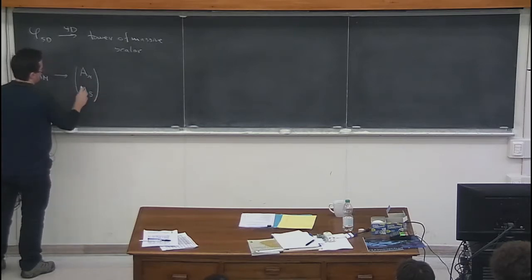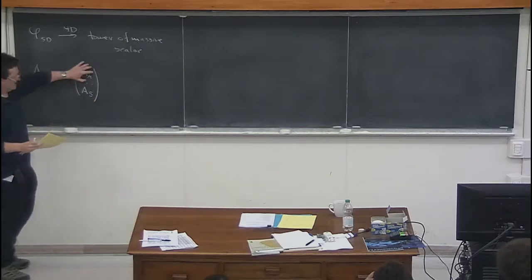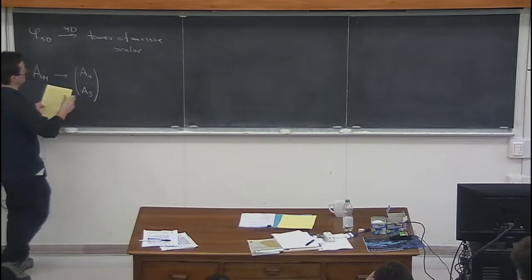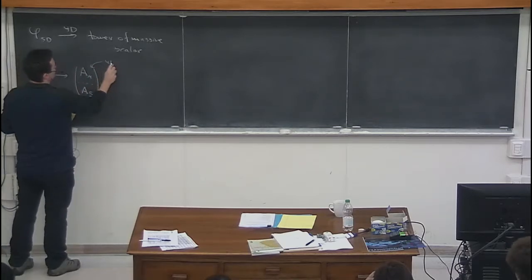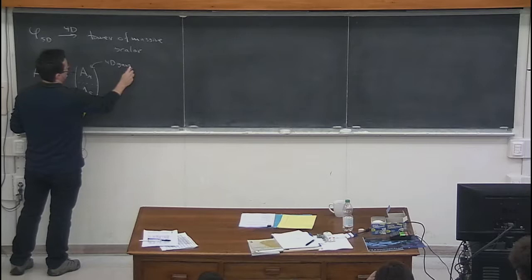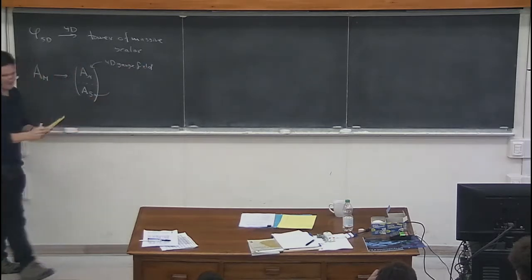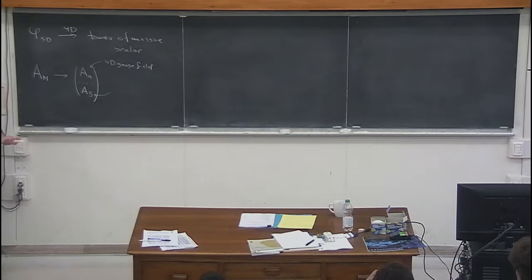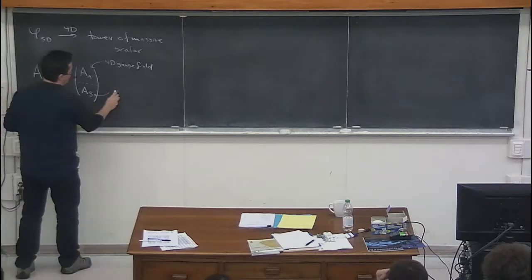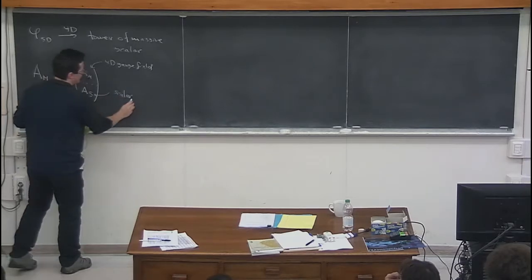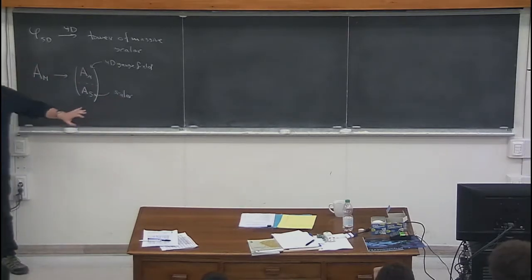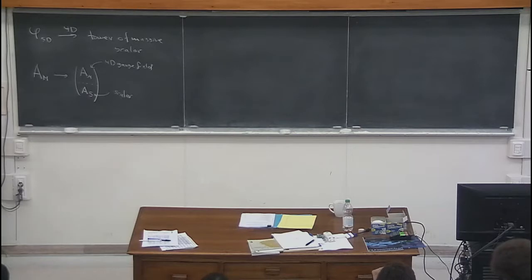From the four-dimensional point of view, this will appear like a 4D gauge field, and this fifth component, the extra dimensional component of the gauge field, will appear like a scalar. I mentioned at the very beginning of this series that this scalar could be important, because it could play the role of the Higgs.